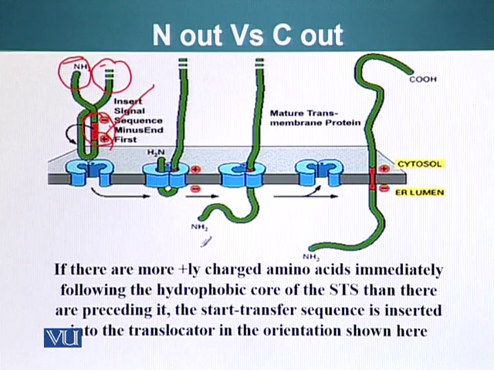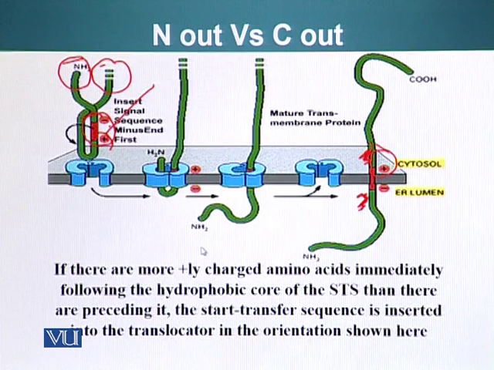Basically, the positively charged amino acids are prevented from entering the lumen of this translocator. However, the negatively charged amino acids can relatively easily get through this translocator. So here, for example, the negatively charged amino acids are closer to the amino terminus, and positively charged amino acids are closer to the carboxy terminus. So this is basically how we end up with proteins which have the amino terminus in the lumen of the ER.